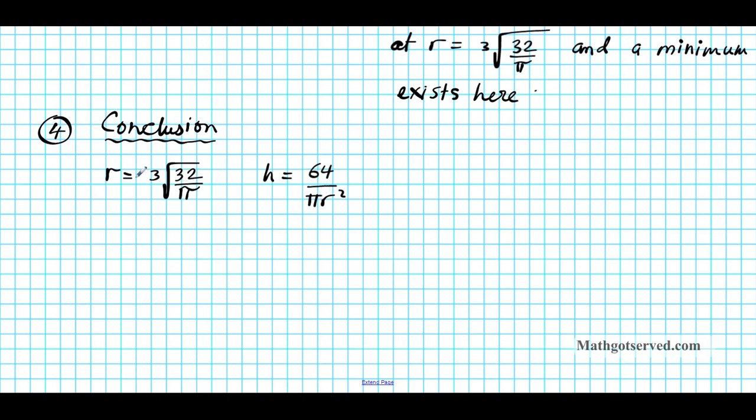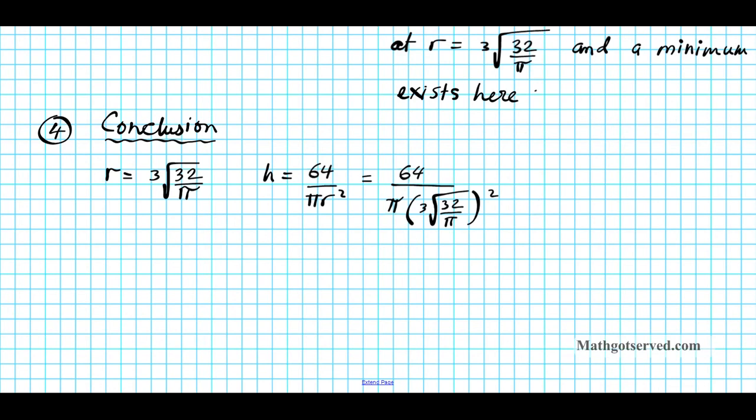So now let's plug in the value of r into this function right here to get what h is. So h is equal to 64 divided by pi times the cube root of 32 over pi, squared. All right, so let's go ahead and simplify this.